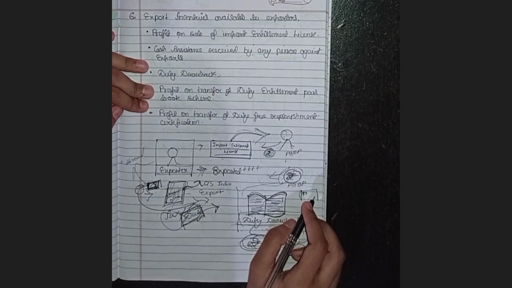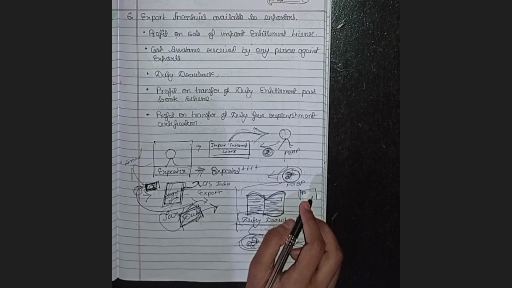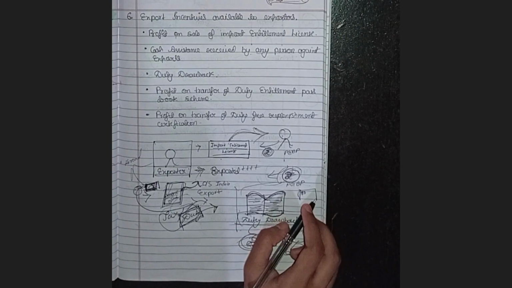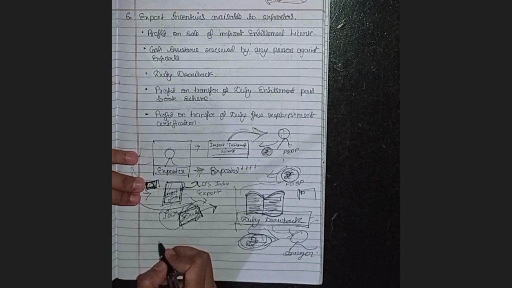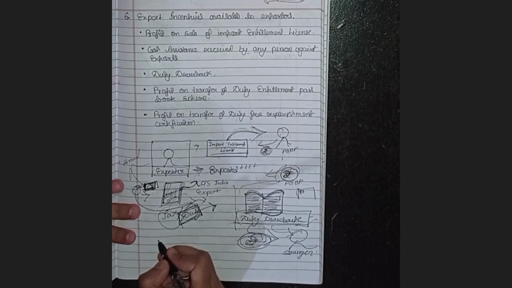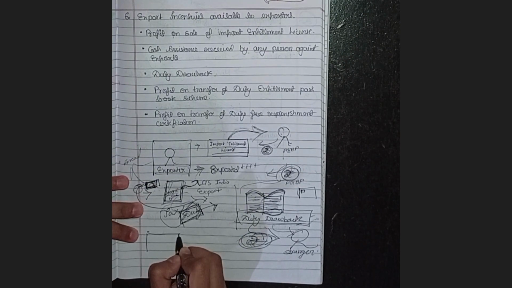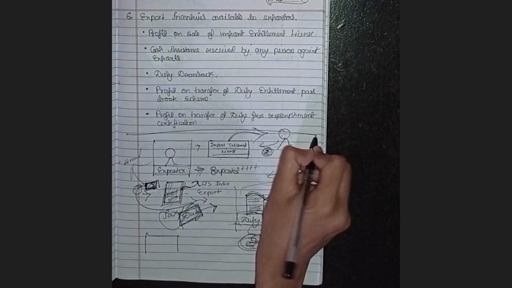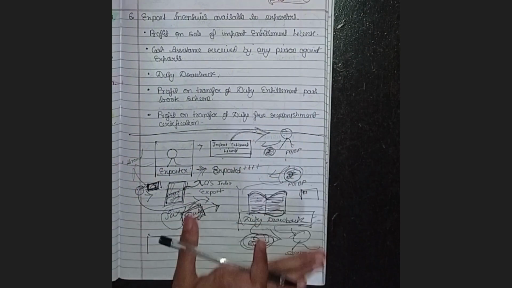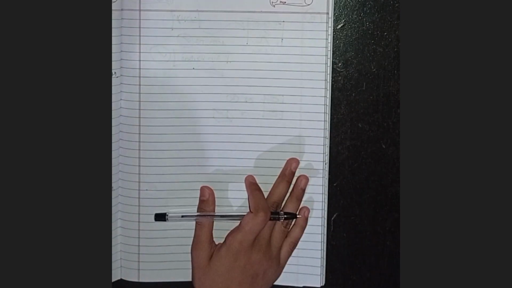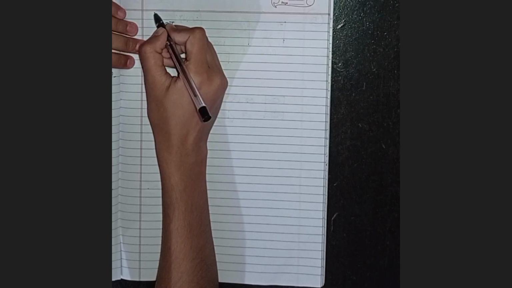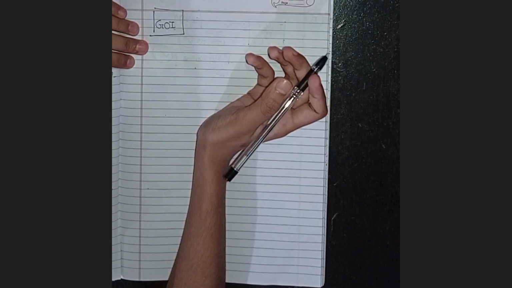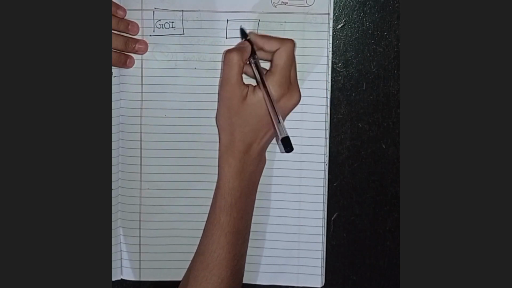Now, sometimes the government of India provides a certificate to some organization, some entity. This is our government of India, and this is my organization or entity.